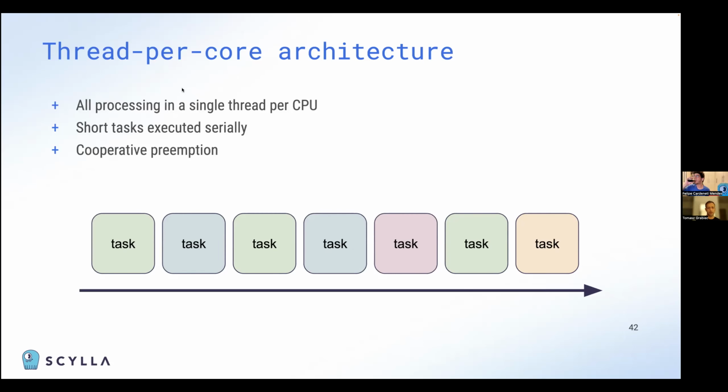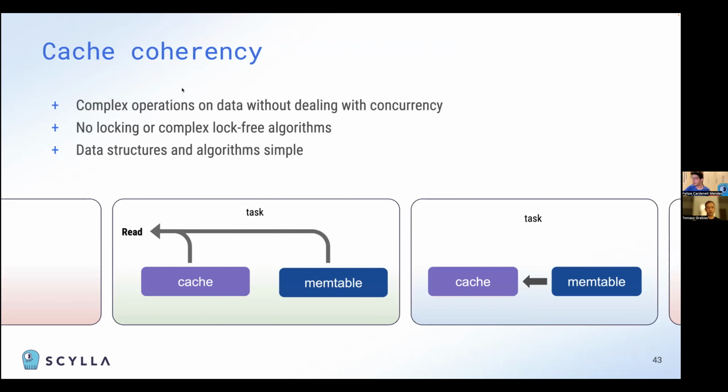It's very important and useful because this means we can have very complex operations on data structures within tasks. And those operations are guaranteed to be executed in isolation, atomically.